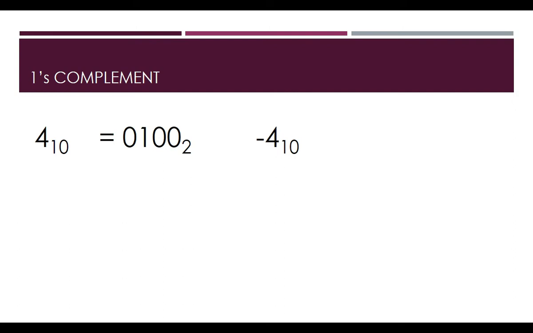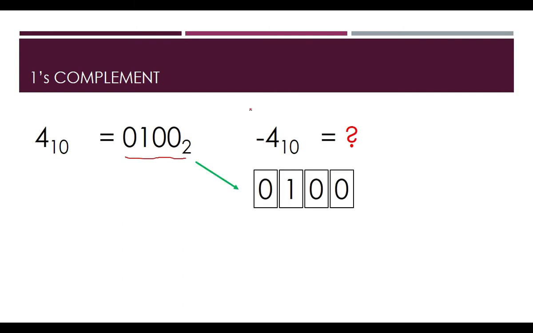The first step is to copy this binary form of 4. Then we invert each bit of this binary. We have 0, so we turn 0 to 1. Another 0, turn this again to 1. So we are inverting each bit. For 1, the inverted value is 0, and 0 becomes 1.